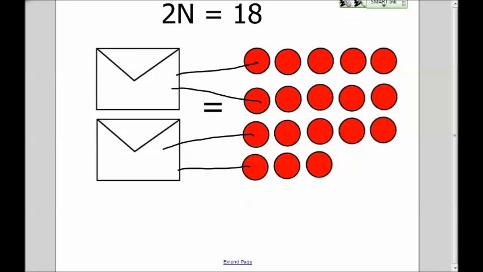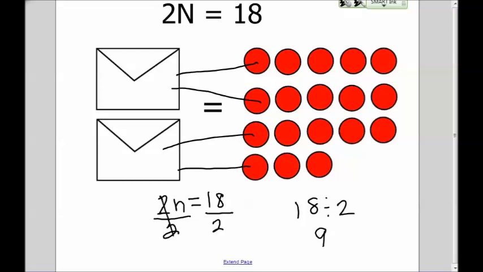I'm dividing them into 2 groups. 18 divided by 2. 9. Let me show you in algebra land how that would work. Because I'm multiplying n times 2, I divide by 2 to get the n by itself. The 2's cancel out. I divide this by 2, and n would equal 9.